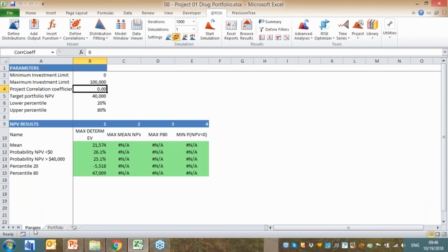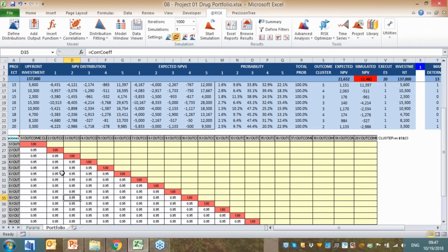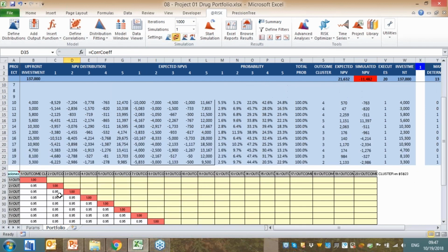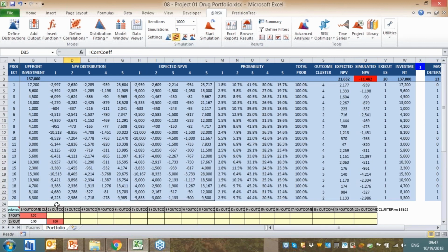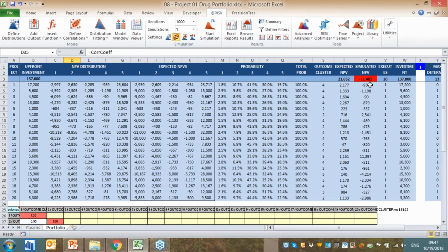What I would also ask, what would happen if I were to have a really, really high correlation coefficient between projects, for example, at 0.95? In other words, you can see the whole table being filled in here with 0.95s, and obviously I'm making a very simplifying assumption here, and that is that the correlation coefficient between each one of the projects remains the same.